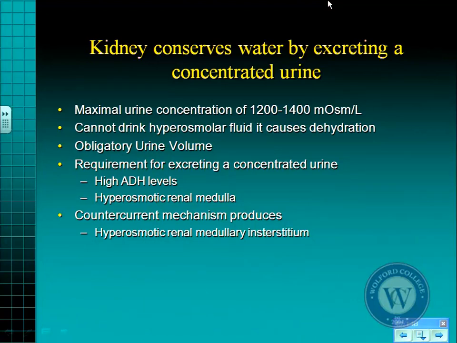So if you're giving somebody loop diuretics and then you check their urine concentration and it's dilute, and you think, oh well, ADH is not being secreted enough, no, it means nothing at that point because you just polluted the whole system with Lasix. So if you really want to see if ADH is functional or not, you have to do it with a kidney that's not being exposed to loop diuretics. The countercurrent mechanism is also important as it forms a hyperosmotic renal medullary interstitium, which I described to you before.